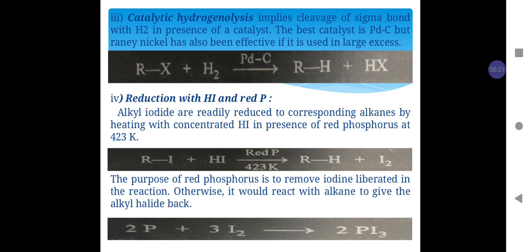The function of red phosphorus in this reaction is to remove liberated iodine in the reaction by reacting with this according to the given equation. Phosphorus plus iodine form phosphorus triiodide. This will prevent iodine to react back with alkane to give alkyl halide.